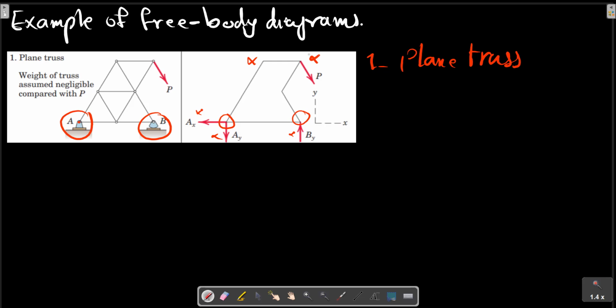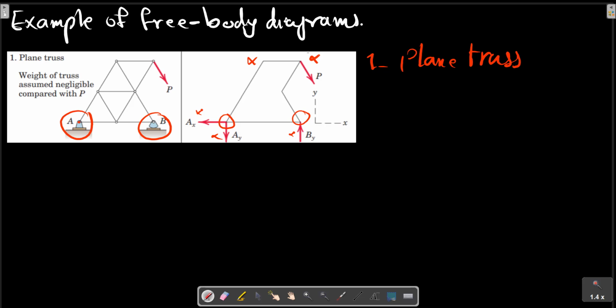If the total weight of the truss member is appreciable compared with P and the forces at A and B, then the weight of the members must be included on the free body diagram as external forces.